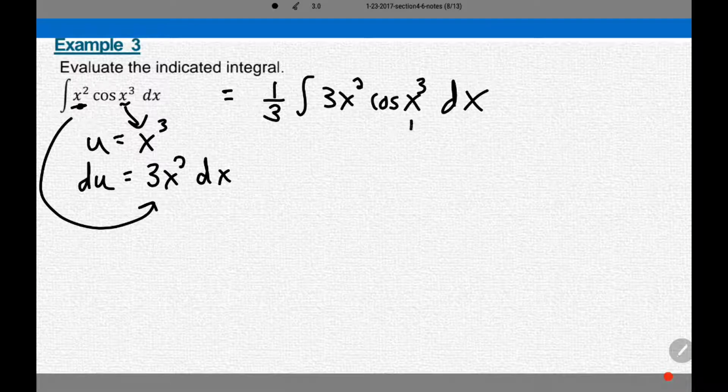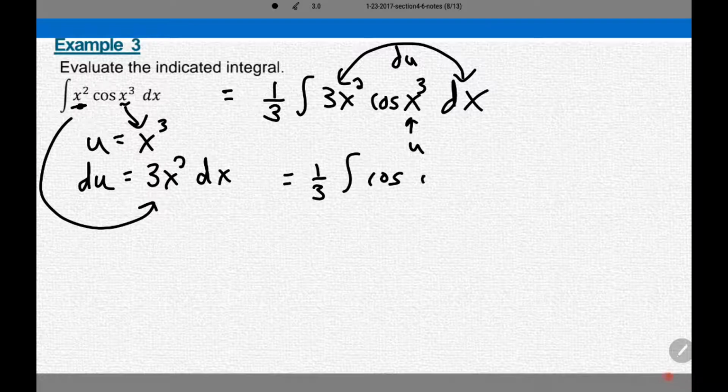So again, my u is the x cubed, my du is the 3x squared in the dx. So that means I've got 1/3 of the integral of the cosine of u du when I do my substitution.